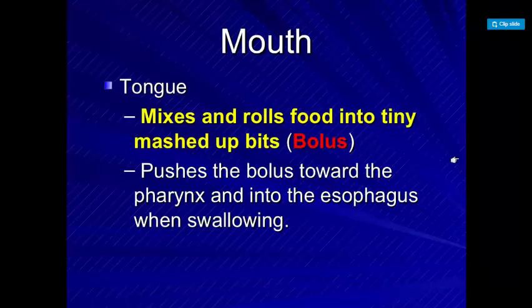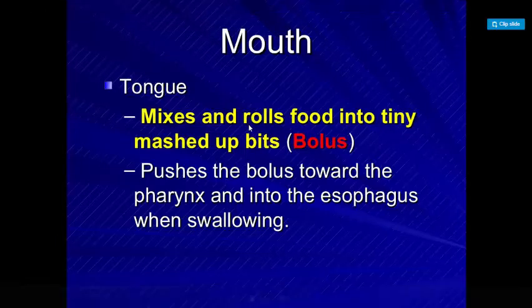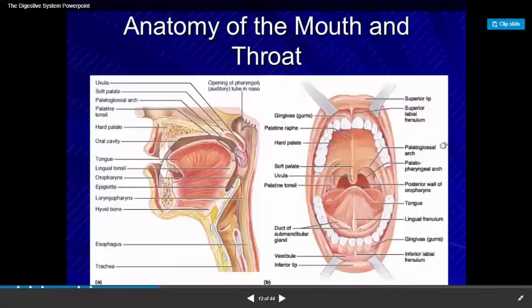The mouth also mixes and rolls the food. We call the soft ball of food formed after you chew the bolus. Then your mouth pushes the bolus towards the pharynx and into the esophagus while you're swallowing.